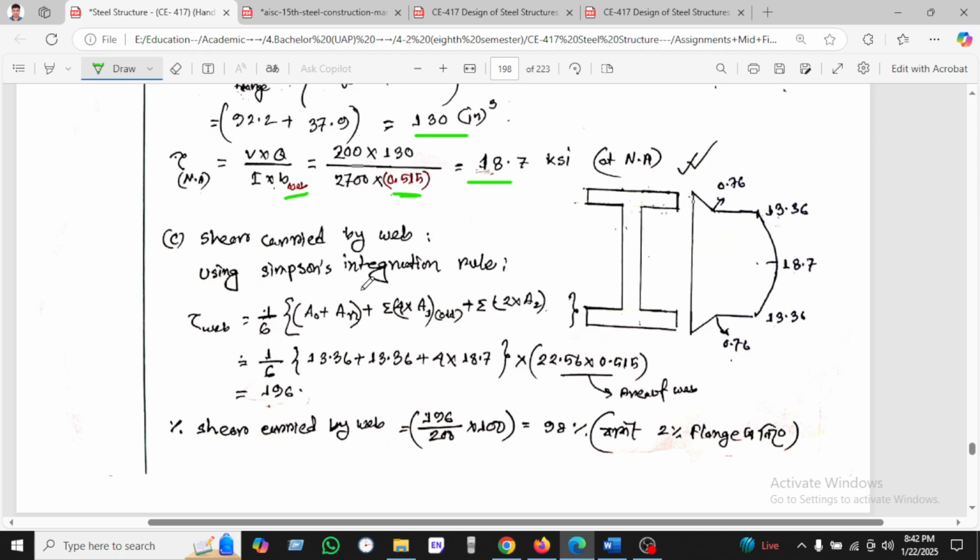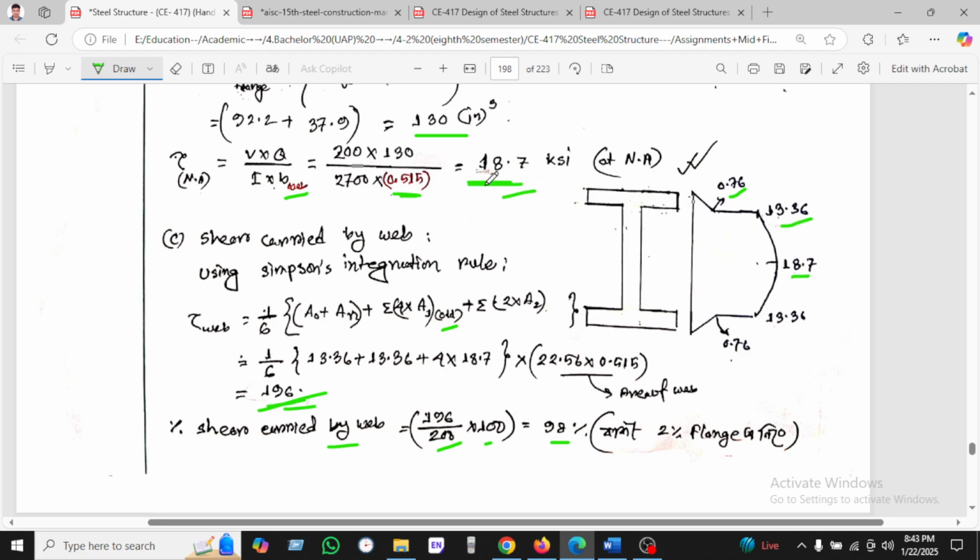So using Simpson's integration rule, 1/6 times a1 plus an plus 4 times the odd terms plus 2 times the even terms, and found 196. And the percent of shear carried by the web we have seen: 196 divided by 200 times 100, and found 98%. So the remaining 2% is carried by the flange. So you can see here the graph is given with 0.76 and 13.36 in 18.